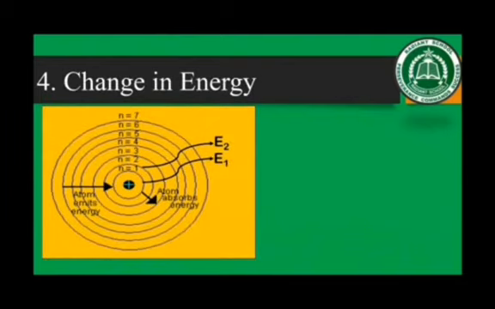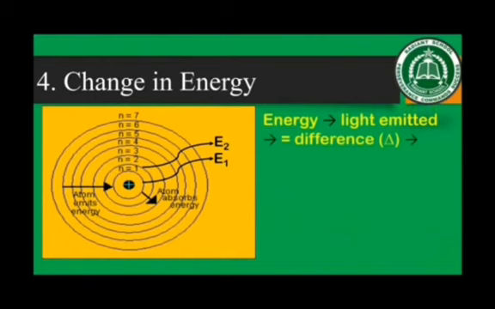The energy of the light emitted is exactly equal to the difference. The delta sign, this triangle, shows the difference between the energies of the orbits.